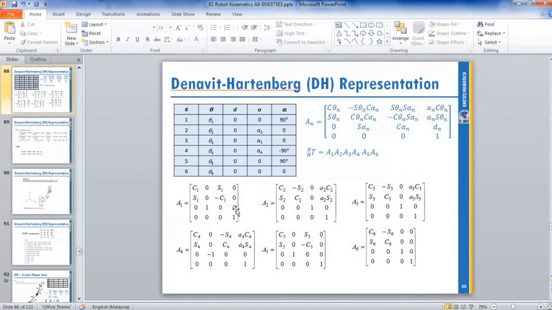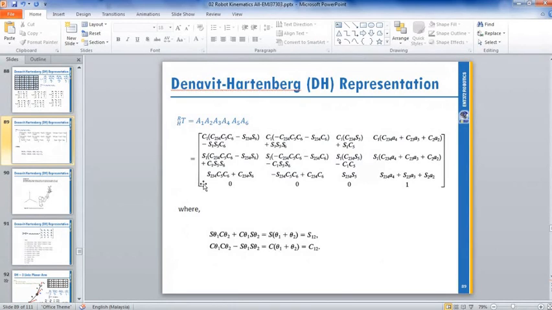And last, you need to multiply all of these, A1 until A6. So you multiply all of this, you get one matrix. That means this matrix contains joint 1 until joint 6. Anything that changes between these is your encoder giving a value.